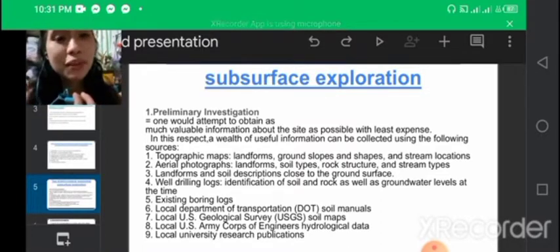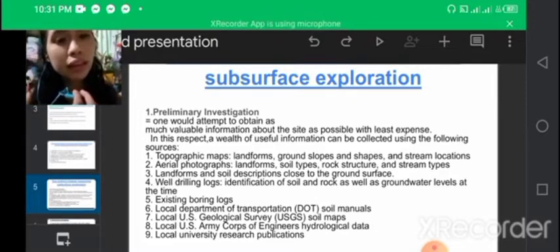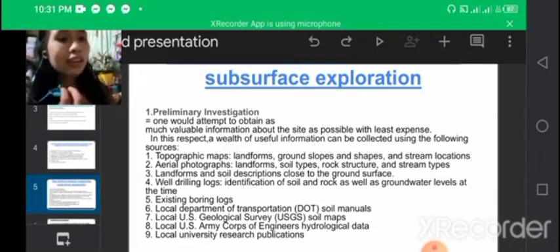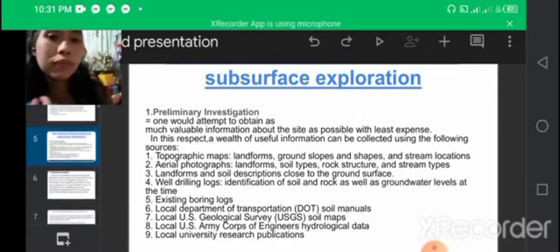Fifth, existing boring logs. Sixth, local Department of Transportation soil manuals, or DOT. Seventh, local U.S. Geological Survey, or USGS, soil maps. Eighth, local U.S. Army Corps of Engineers hydrological data. And ninth, local university research publications.